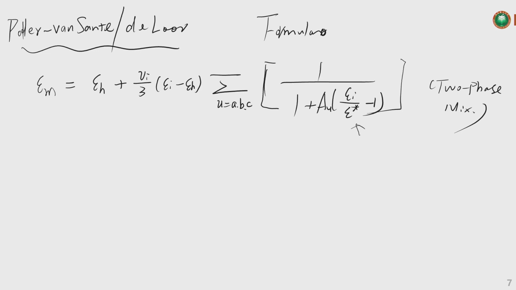And VI is the volume fraction of the inclusions, and the capital AU represents a depolarization factor, a depolarization factor of the ellipsoid.